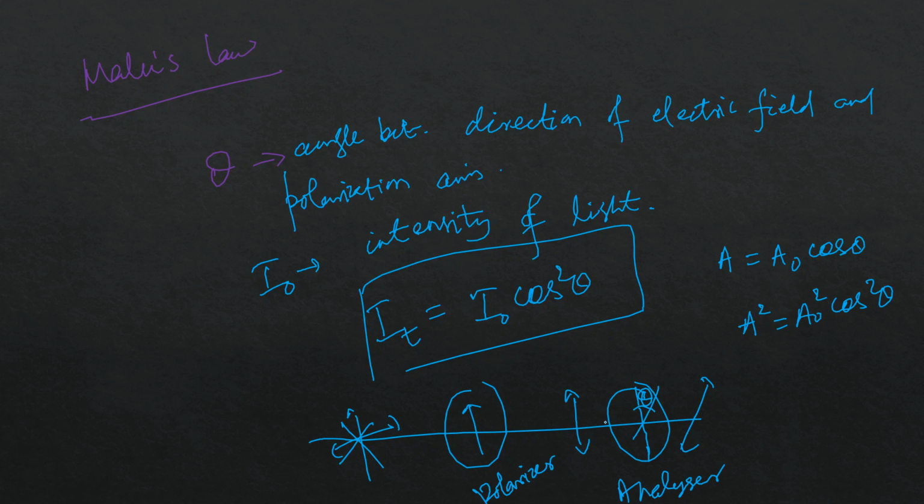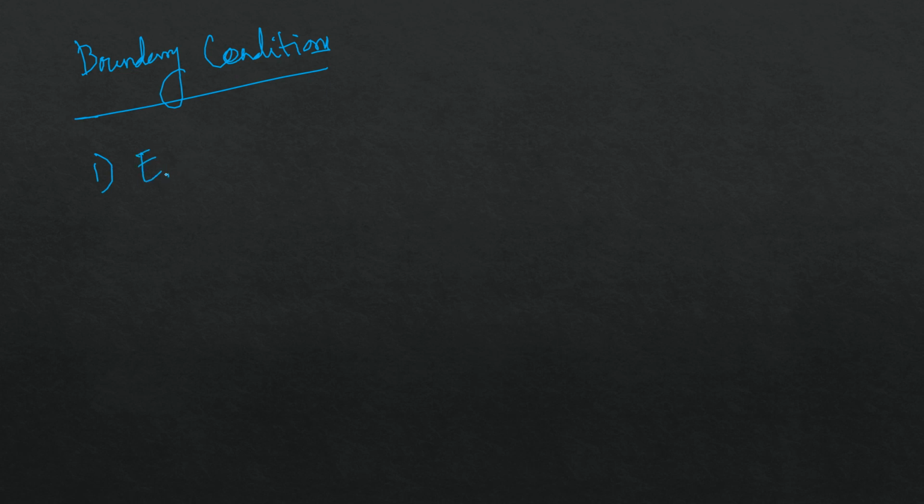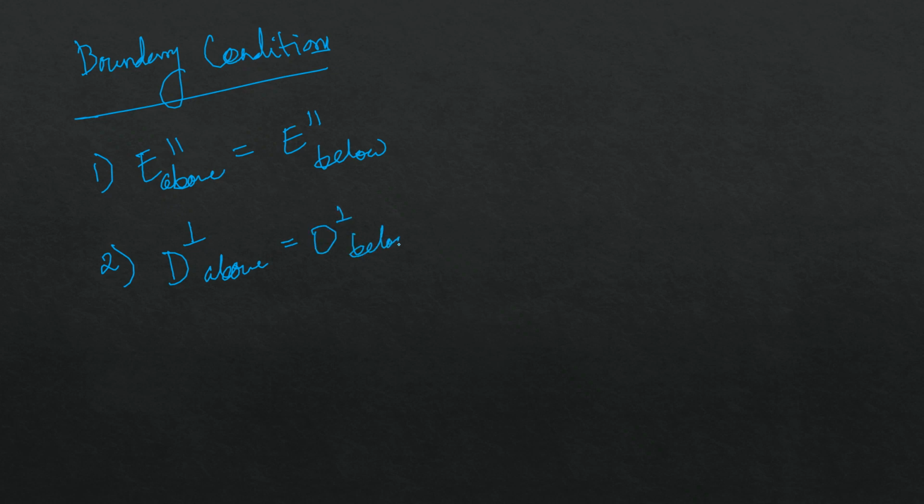So now we'll see boundary conditions. It's very important in this topic. First boundary condition is E above parallel is equal to E below parallel. Second is D perpendicular above is equal to D perpendicular below.